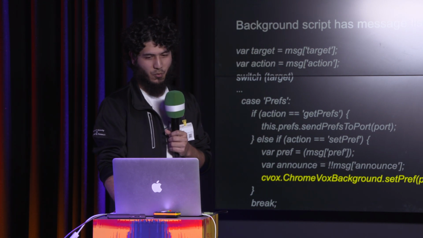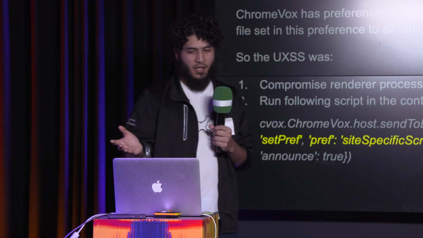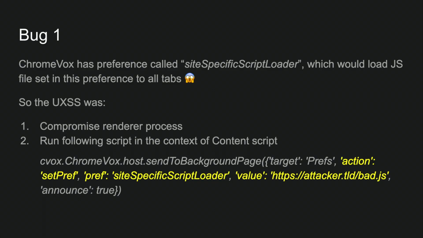Okay, so what can you do with setting a preference? There was a preference called site-specific script loader, which basically allows you to specify JavaScript that will be loaded in every page. So you could set a script after the render compromise, and then you send this message, and this script will be loaded into every page. So this was your XSS.